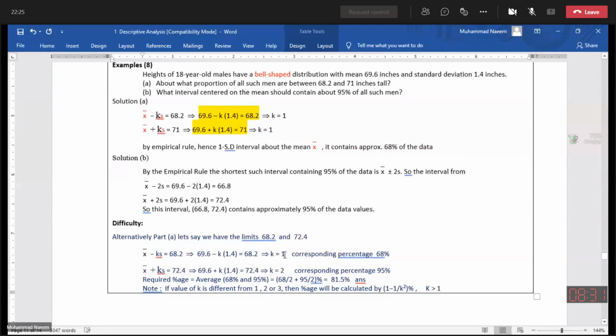K equal to 1 means a one standard deviation interval, and the corresponding percentage is 68%. K equal to 2 means a two standard deviation interval, and it contains 95% of the data. So what should we do?